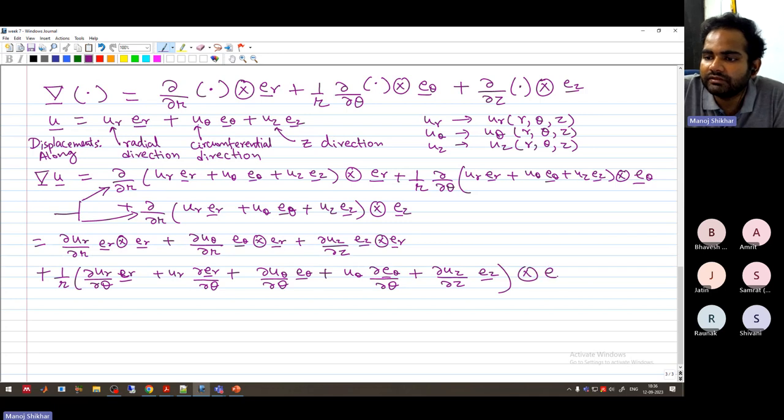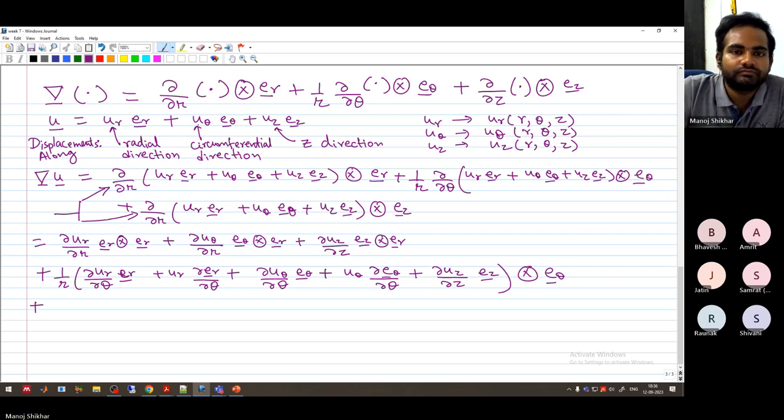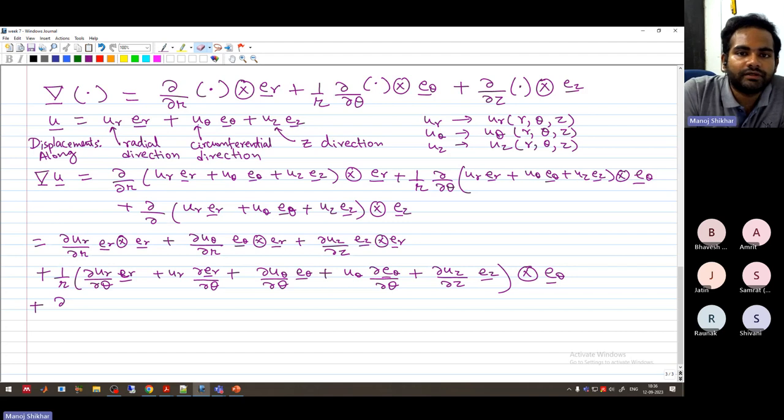EZ was independent of theta, that's why it was not differentiated with respect to theta, plus the third term. Here it should be del Z, not del R. Sorry for the mistake.